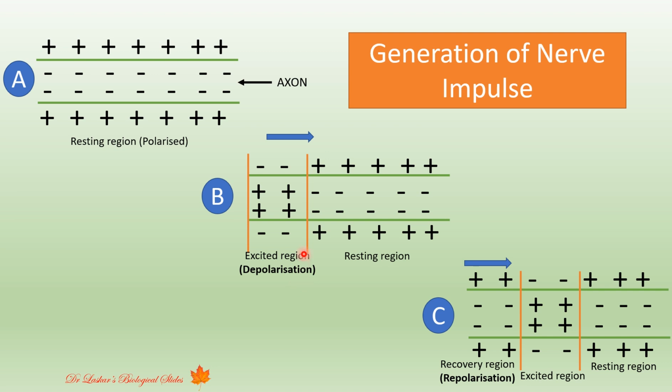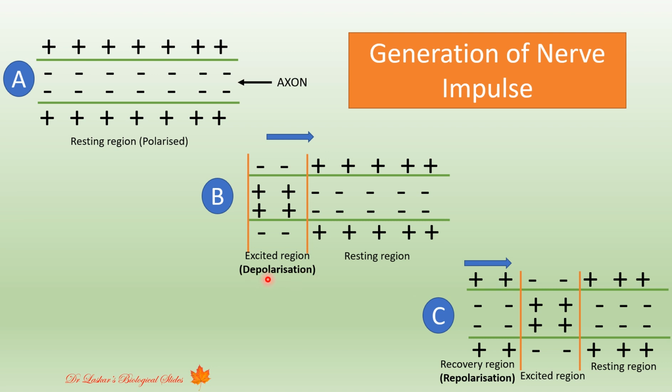The change of electric charge on the outer surface of the neural membrane from positive to negative at the point of excitation due to stimulus is called reversal of potential or depolarization.